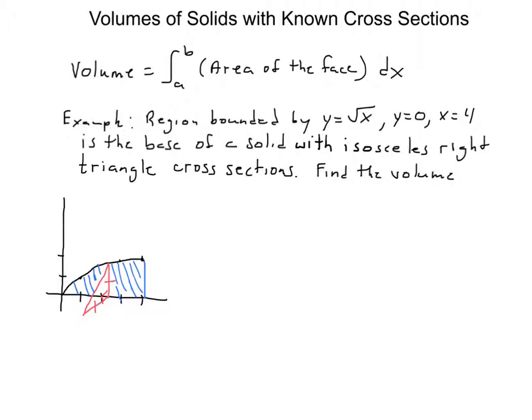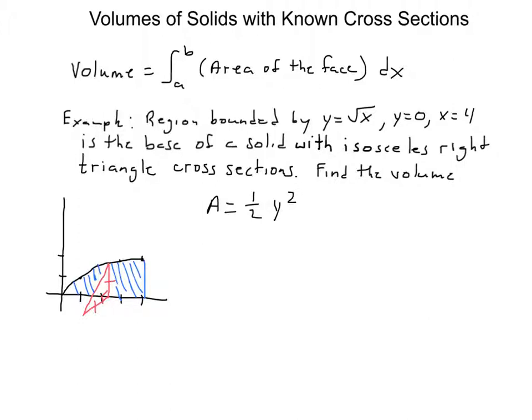Now the area of an isosceles right triangle is going to be 1/2 the base times height. Well, the base and height are going to be the same, so it's going to be 1/2 of y squared.